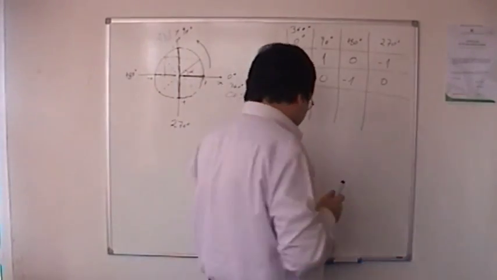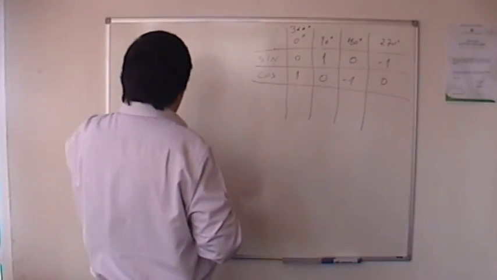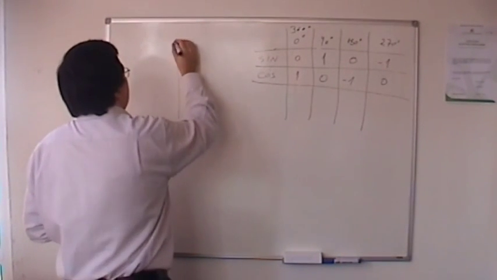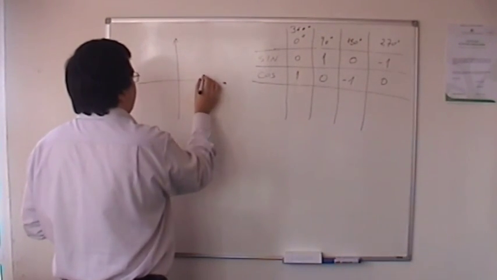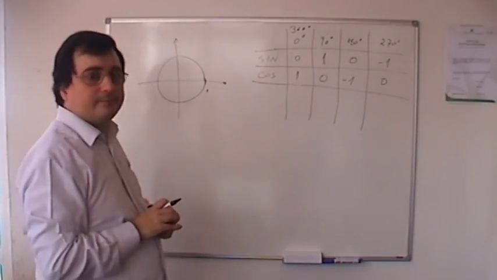So now for the functions of tangent and cotangent, I'm going to draw the circle again, and it's very easy as well.